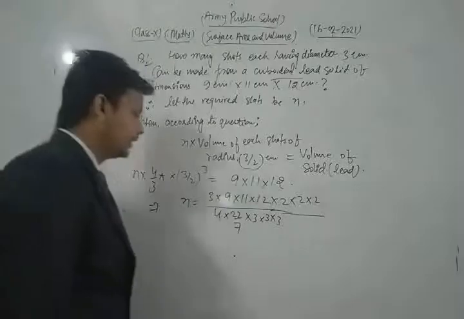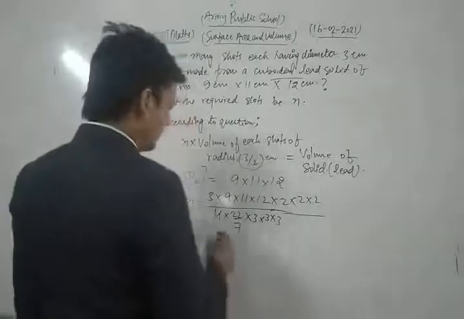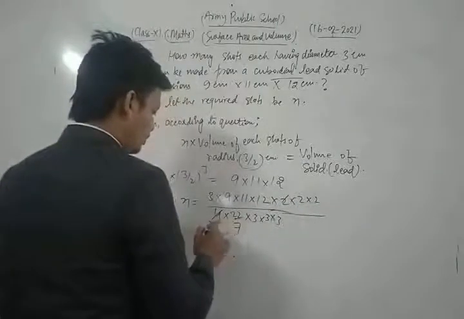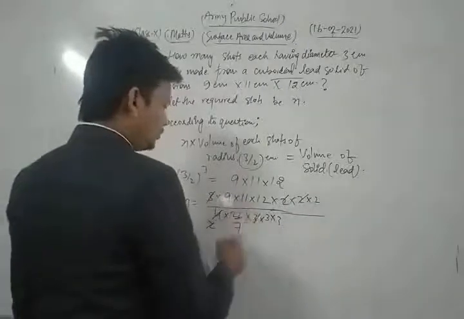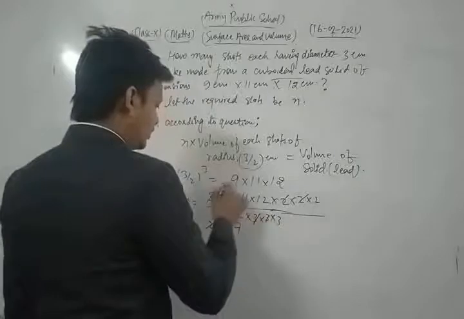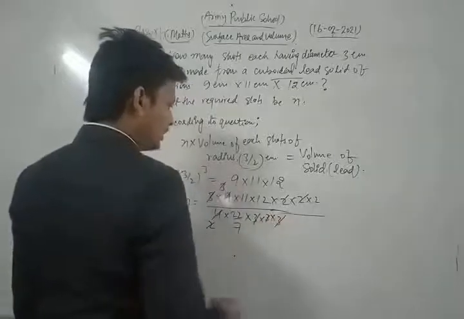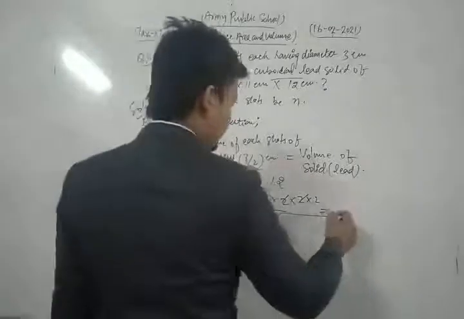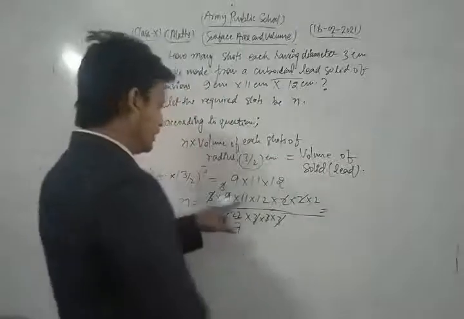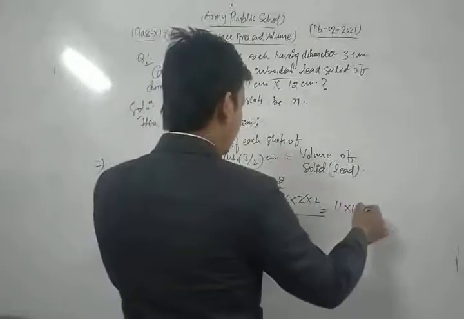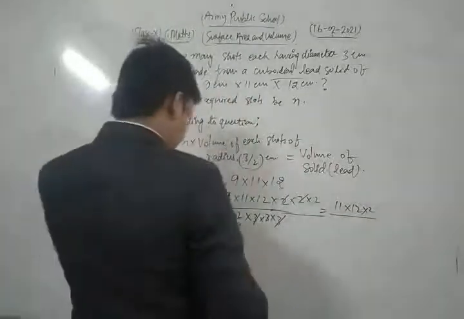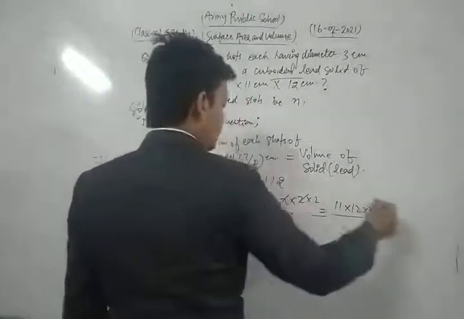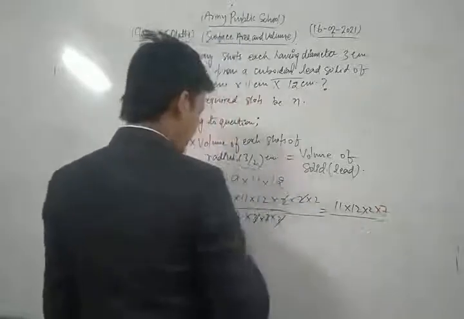Now we simplify them. Here 2 twos are 4, and the 2s cancel each other. The 3s also cancel each other. Three 3s are 9, and the 3s cancel each other. Now we get 11 into 12 into 2, and 7 is transferred to the numerator, upon 22.